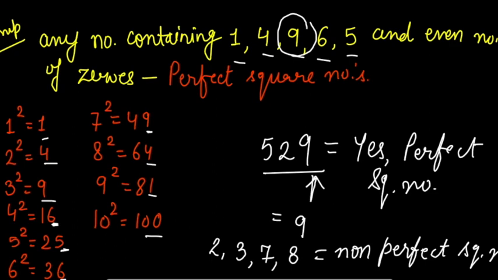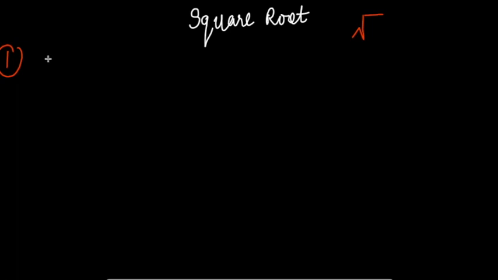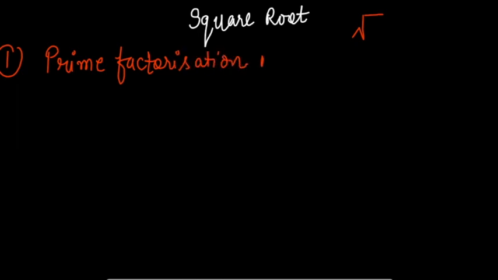Now I will be shifting to the important topic of this chapter, that is your square root. Okay. So in grade 8, I told you the symbol of the square root is already like this. This is the symbol for the square root. We will be learning 3 methods to calculate the square root. Number 1, prime factorization method.